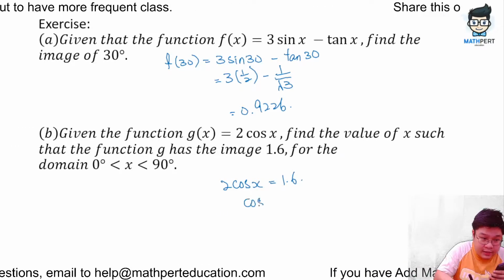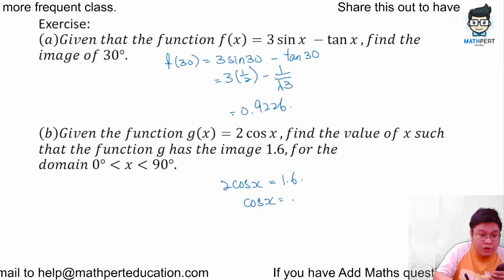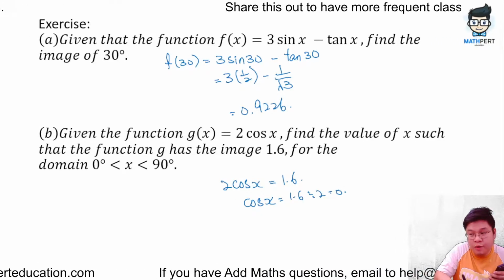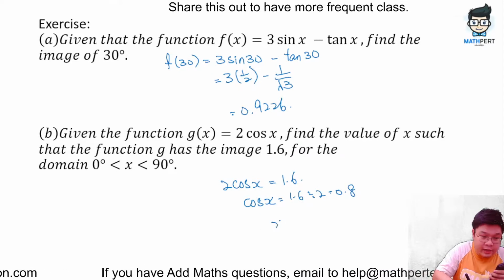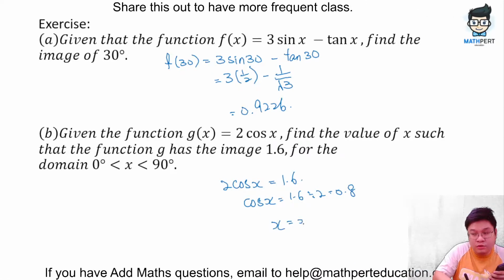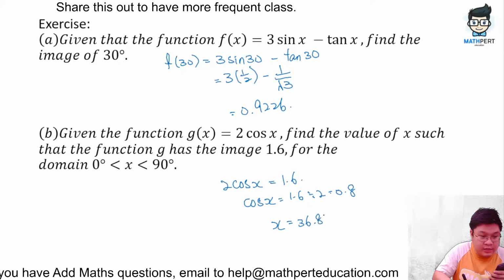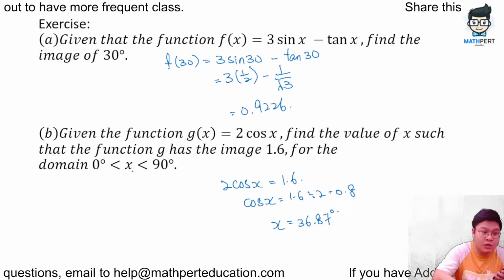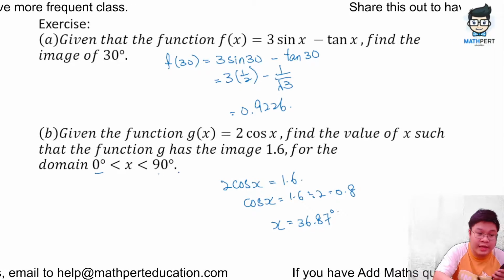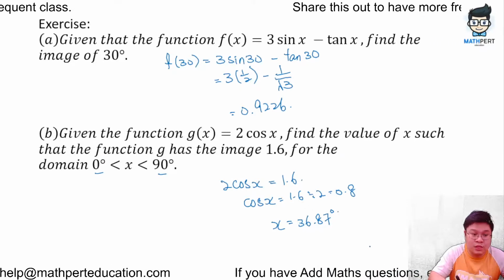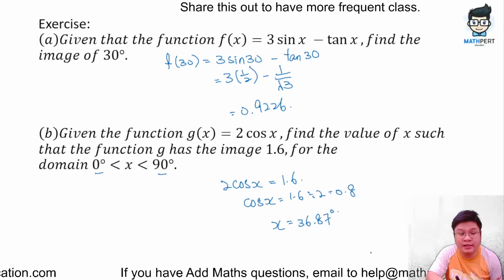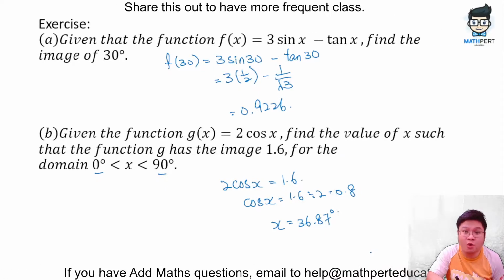Cos x is equal to 1.6 divided by 2, which gives you 0.8. So x will be equal to 36.87 degrees. The question is asking for between 0 and 90. 36.87 is between 0 and 90, and it is in the first quadrant.